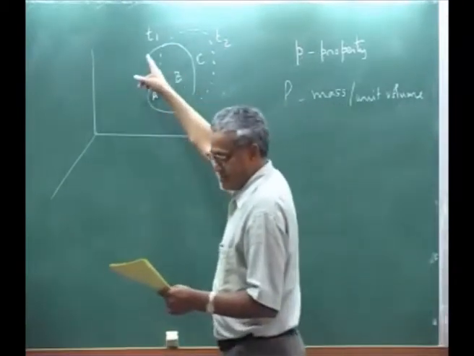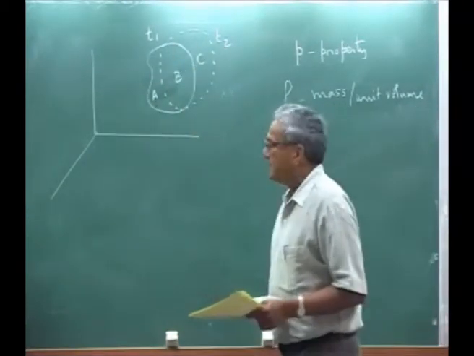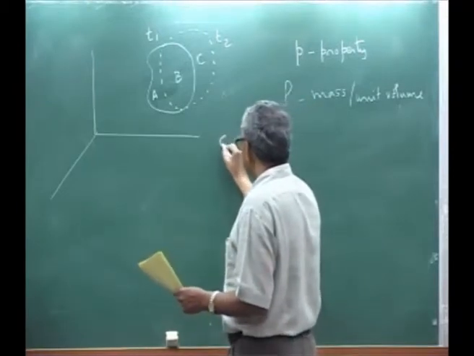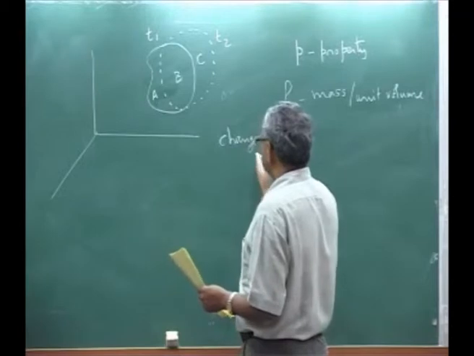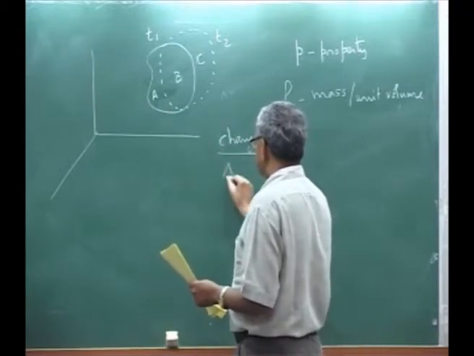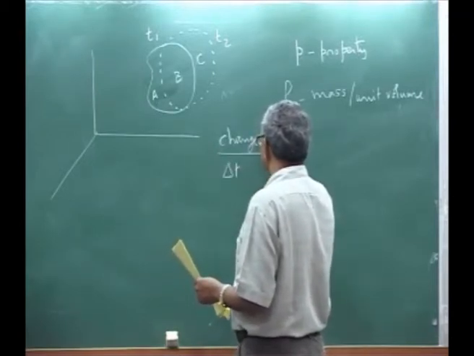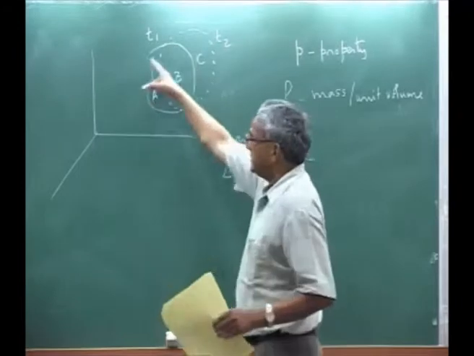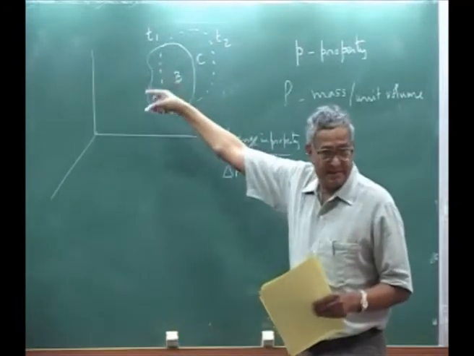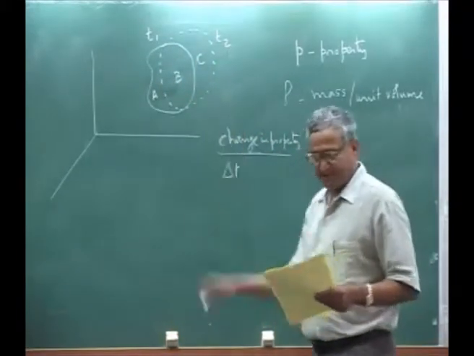So what is that initially? Let us write the change in property. Okay. This is an elemental volume. Please understand, this is an elemental volume. You can integrate and you will get it.